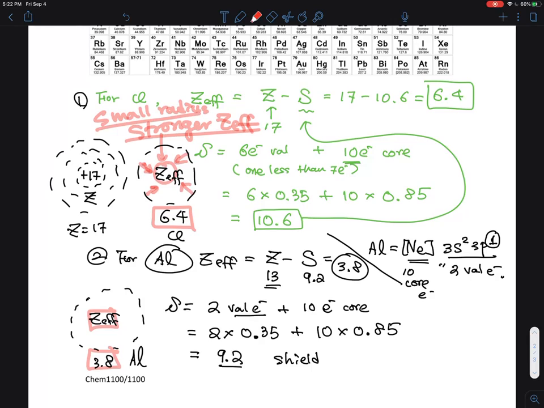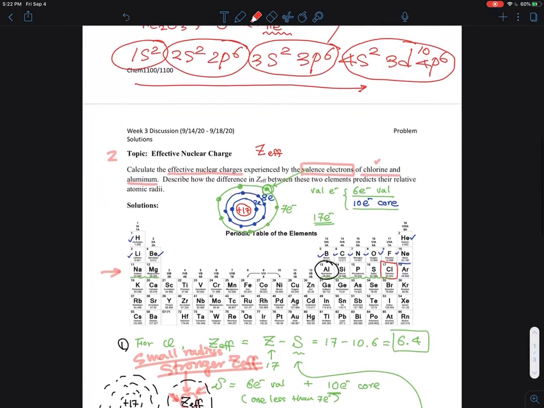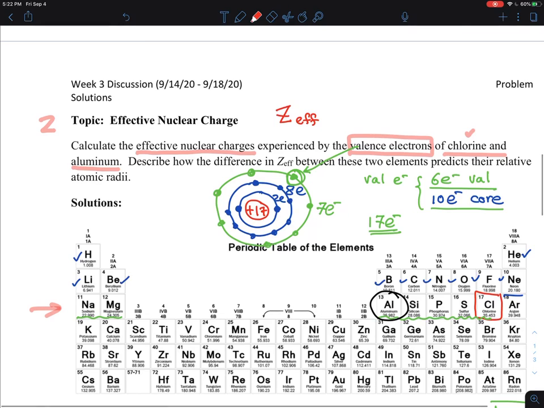Once you calculate the Z effective differences, the bigger the difference, the atomic radius changes across the same valence shell.